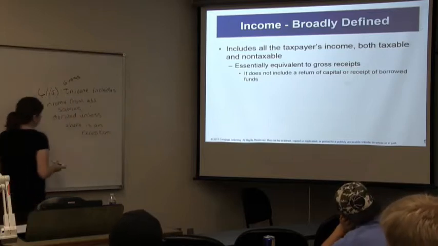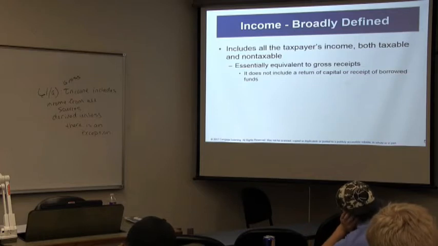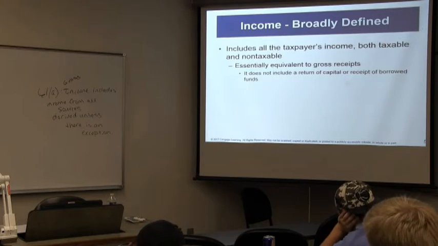So what this means is we are to assume that everything is income unless there is an exception specifically stated in the code.